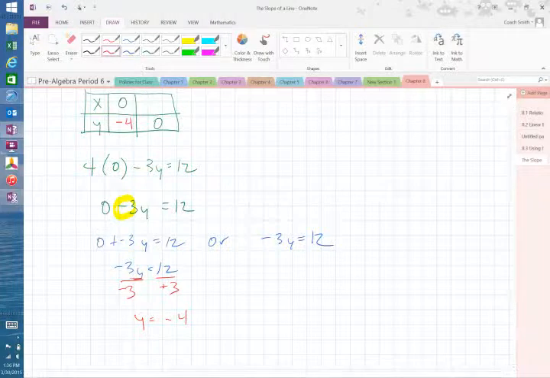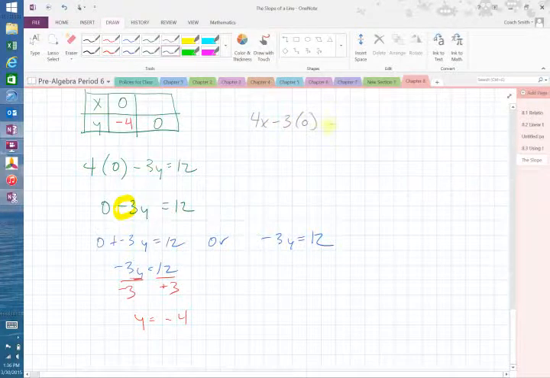The second point, we plug in 0 for y. So that's 4x minus 3 times 0 equals 12. Okay, in other words, I'm plugging in that figure right there. That's 4x minus 0 equals 12. Hey, focus there, not there.